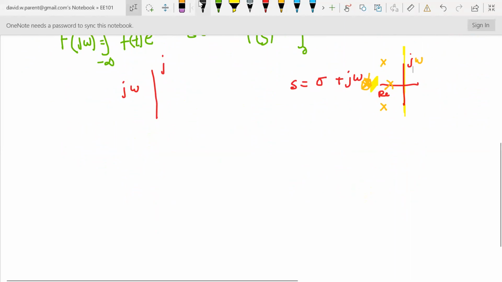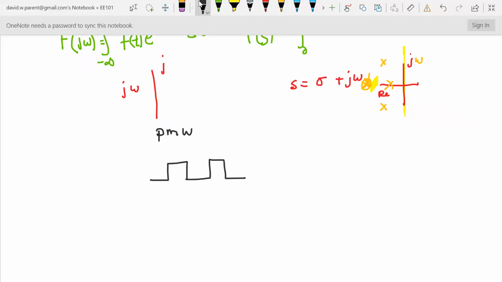Just as a heads up, why are we breaking from the op amp part right now and going into the Fourier transform? Well, the project is a pulse width modulated DAC, where the period is fixed, but you can control the output of data by how long it stays high.